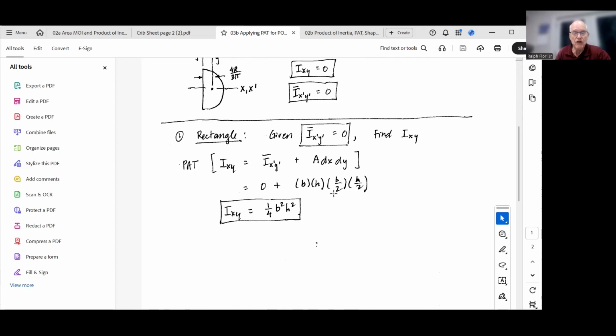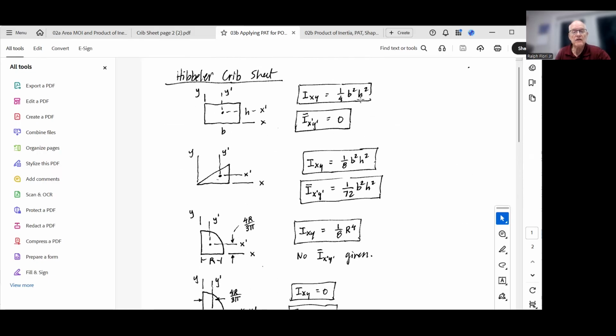So we plug in a b over 2 and an h over 2, and we're left with Ixy is 1/4 b squared times h squared. And that's what he gave here, 1/4 b squared h squared. So you should be able to get one of these from the other, either way. He gives you both, which is fine, but I'm just showing you how you could do that from the parallel axis theorem.